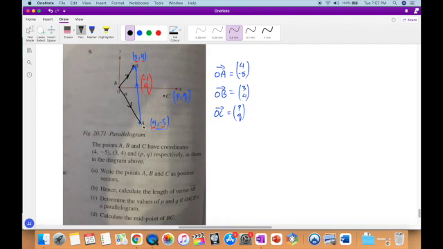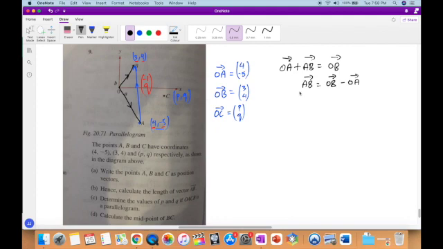So I could use the triangle law: OA plus AB gives me OB. OB is like the resultant. So OA plus AB gives me OB, and therefore I fling across the OA, because what do I want? I want AB. So AB is OB minus OA.